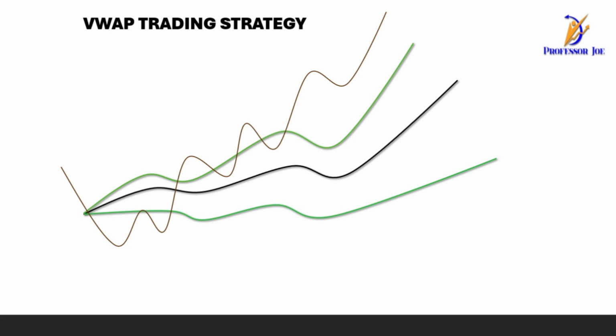And the third strategy using VWAP is the support and resistance breakout strategy. Yes, this is one of my favorites because this is a trending strategy. So if you're looking for a buy, you're looking for the price to go above the upper band and then retrace back into the band area, that is between the VWAP and the upper band.